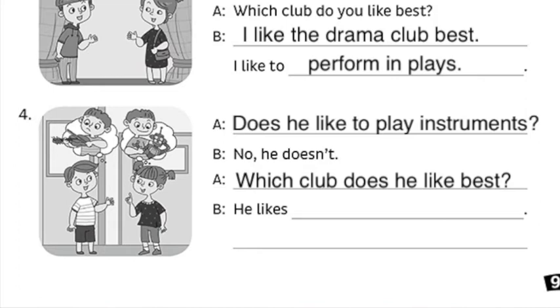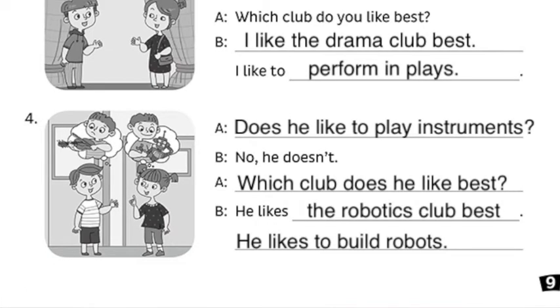Then we could ask a second question, which club does he like best? And the answer could be, he likes the robotics club best. And we can continue. He likes to build robots.